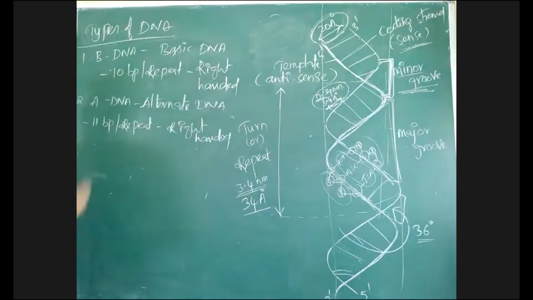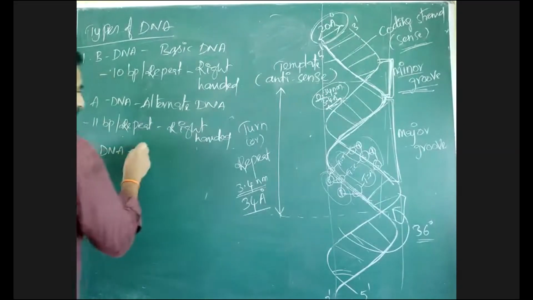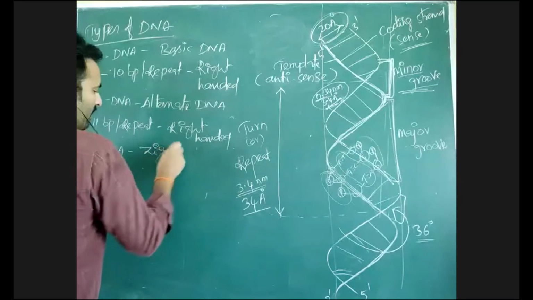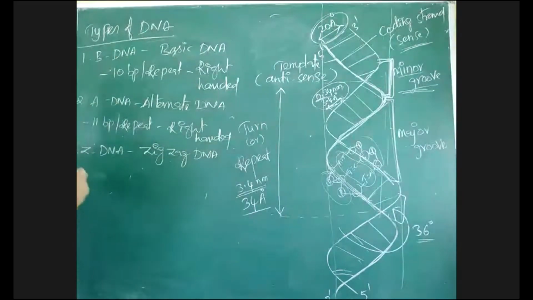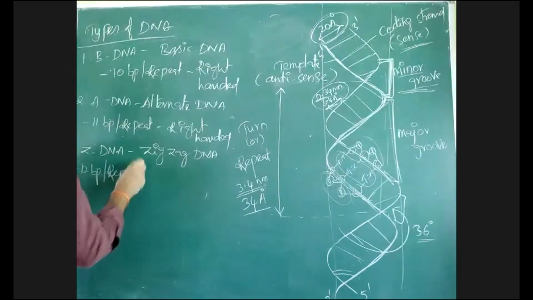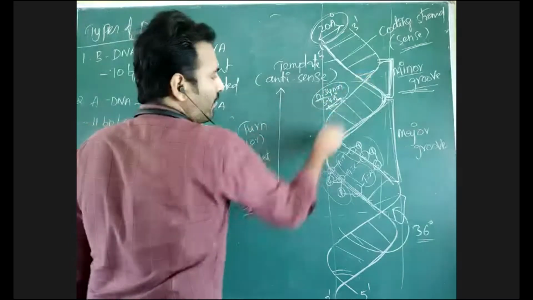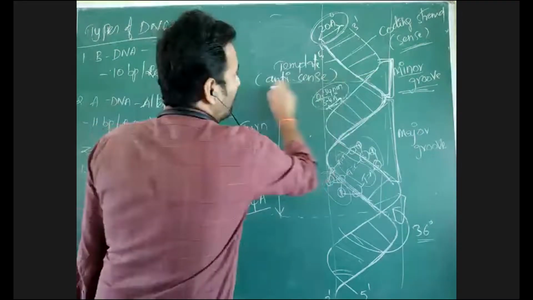Third one is zDNA. zDNA stands for zigzag DNA. This zigzag DNA has 12 base pairs per repeat. This is one repeat, from here to here.